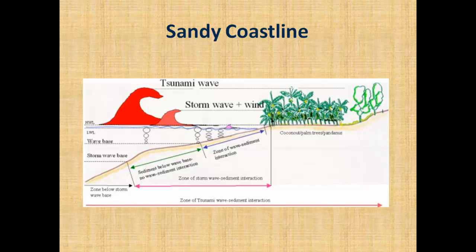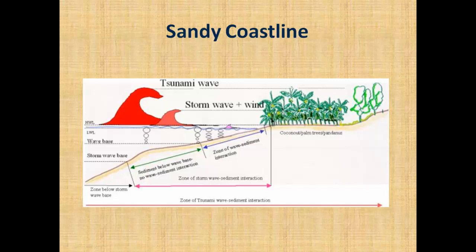When erosion occurs on these types of coastlines, you're losing the protective function of this coastline. You're losing the protection of the coastal habitat, especially coral reefs and such.